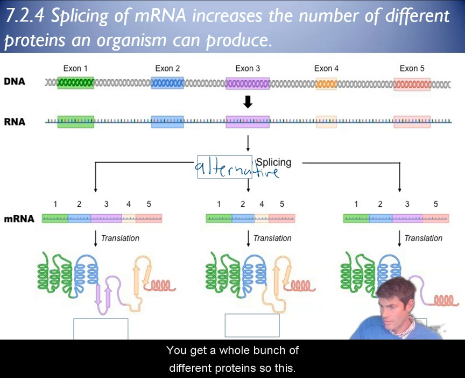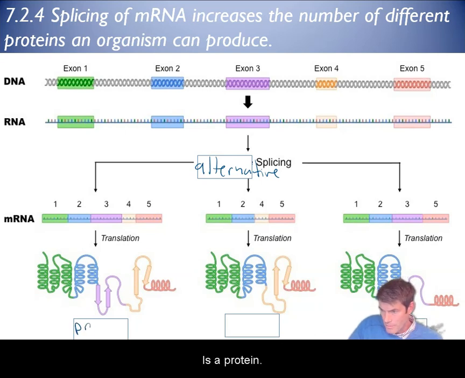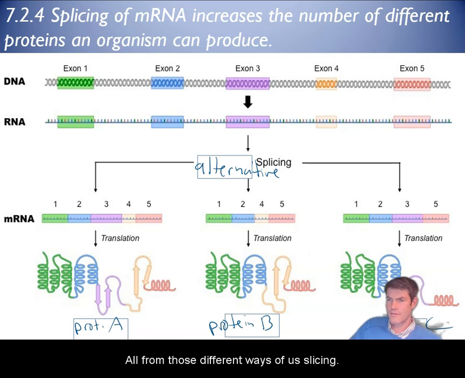You get a whole bunch of different proteins. So this, say protein A, I'll go ahead and write it out. Protein B, protein C. All from those different ways of splicing up the product that we have.